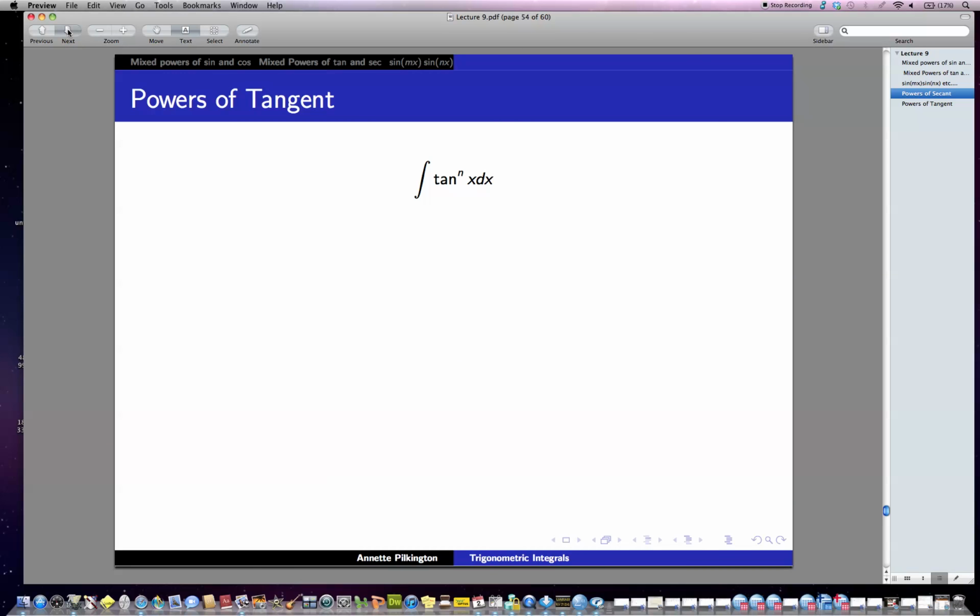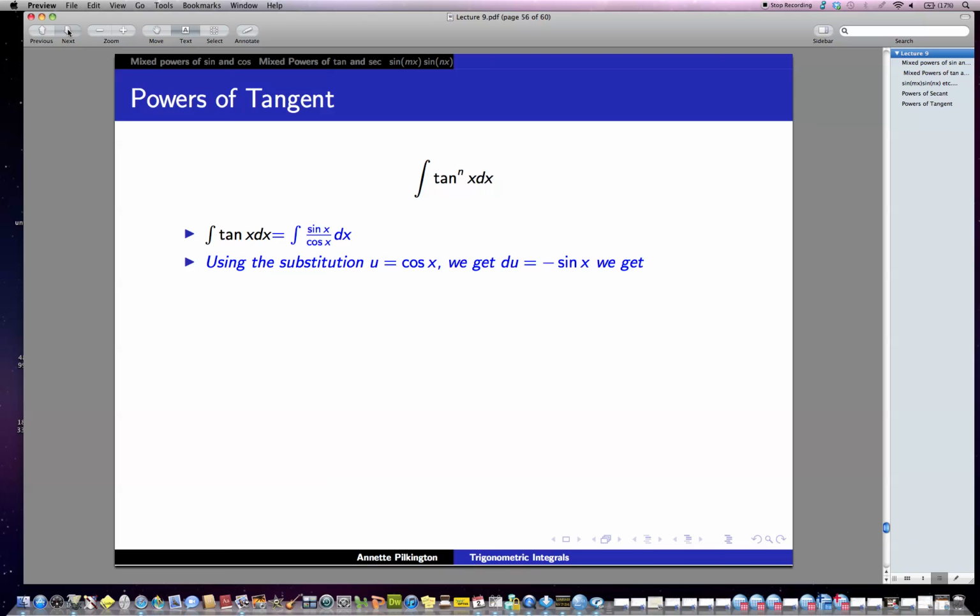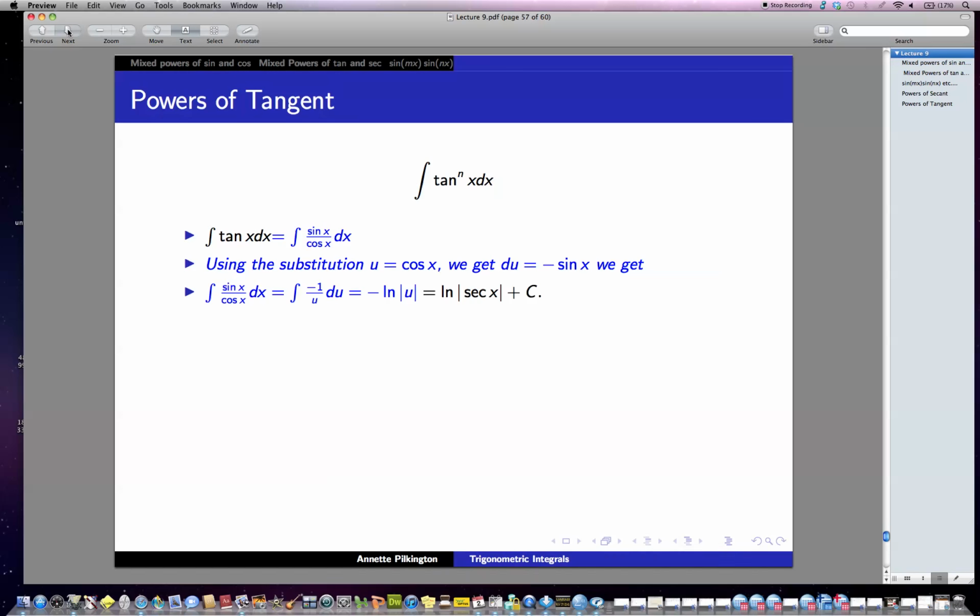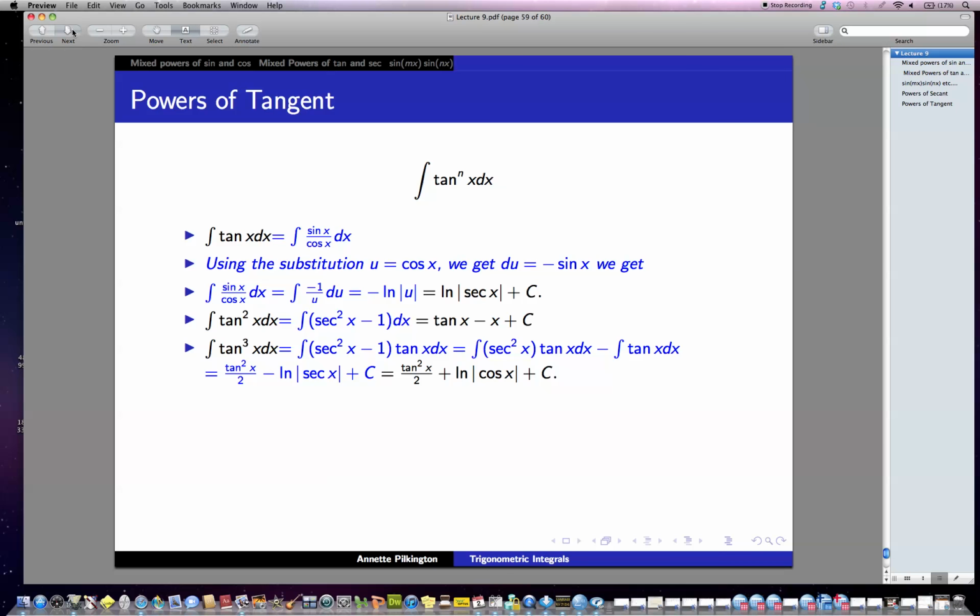Powers of tangent. Well, tangent itself is easy to integrate. We just write it as sine over cosine, make the substitution u equals cosine, and we find that it's the natural log of the absolute value of secant. Tangent squared is secant squared minus 1, so its integral is tangent of x minus x. And tangent cubed is (secant squared minus 1) times tangent.